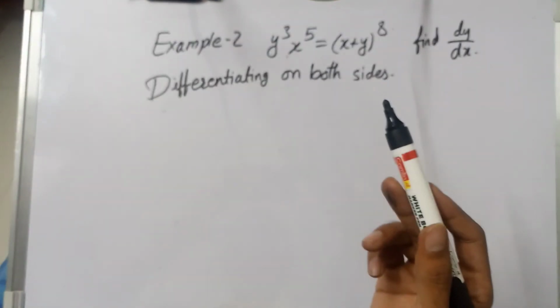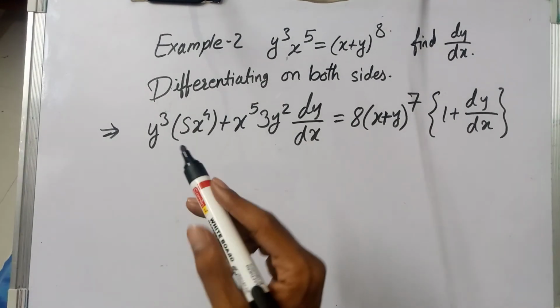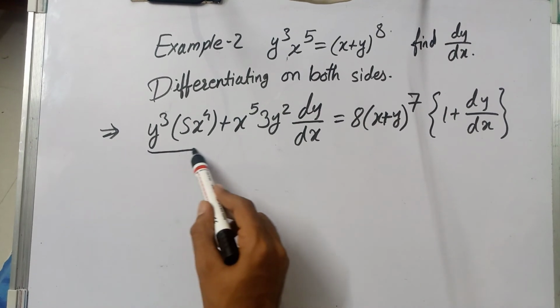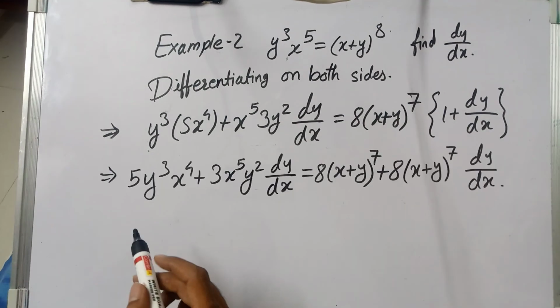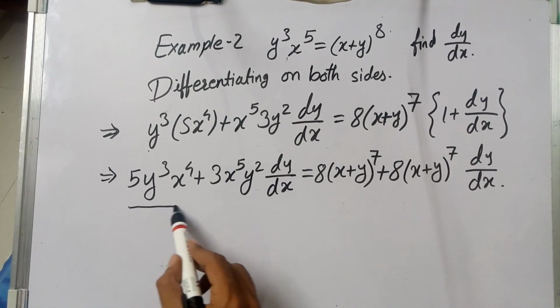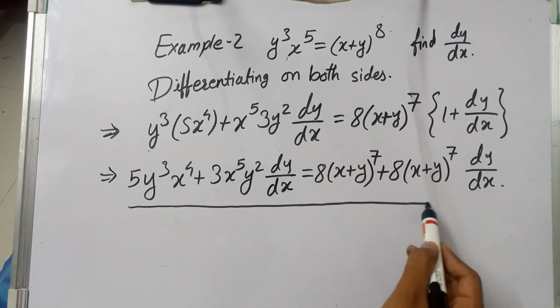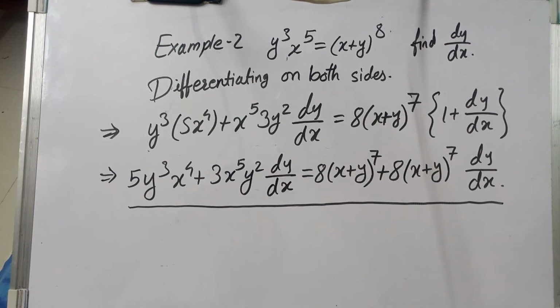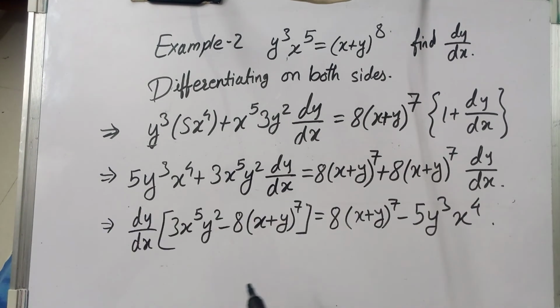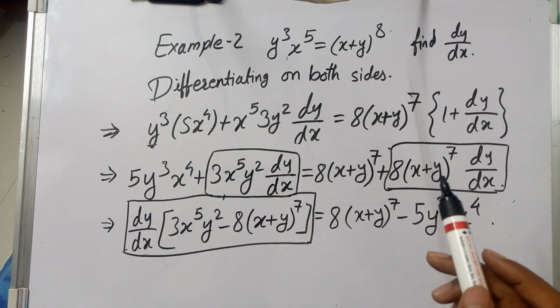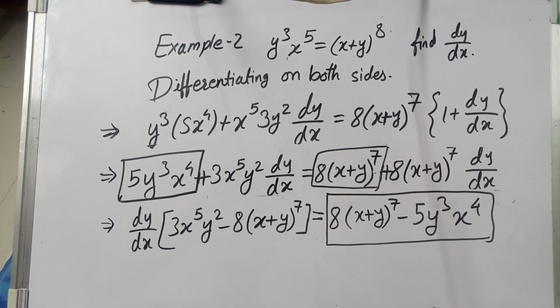Differentiating on both sides, we get, implies this, then this thing, combining these two and combining these two get this.